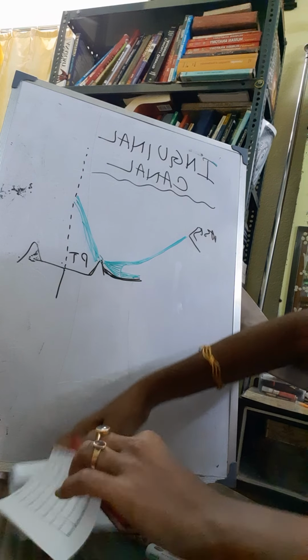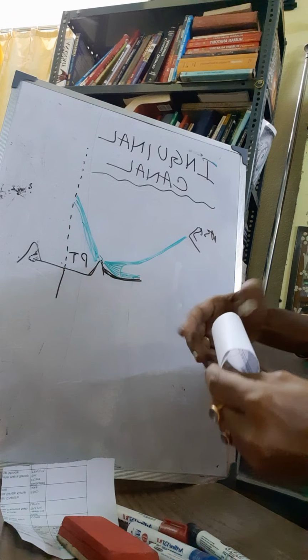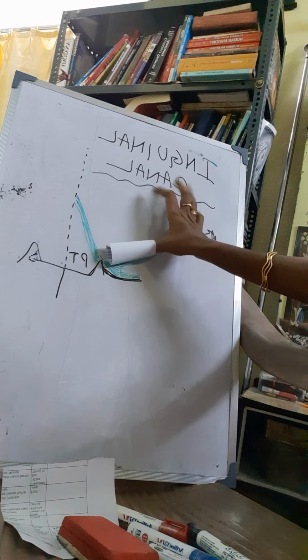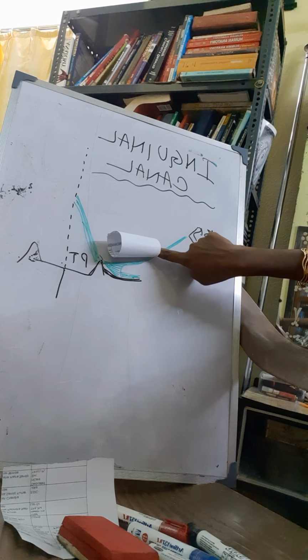Suppose this is the inguinal canal. This will be present like this on the medial half of the inguinal ligament.